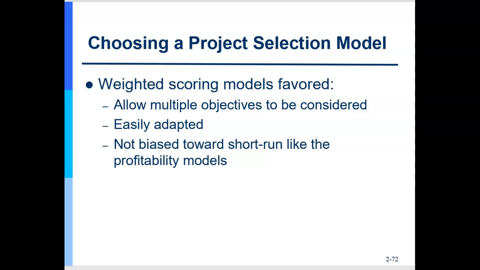Then you want to choose a project selection model along the way. We've given you lots of opportunities or options to choose from, both weighted and non-weighted. You want to choose that project selection model along the way.